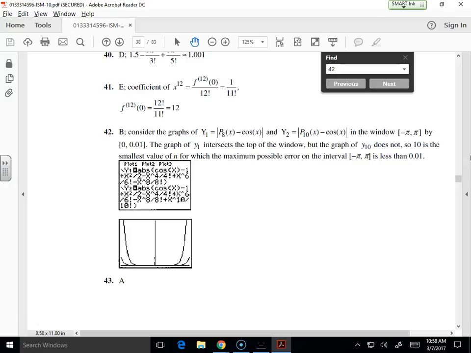But they used the window from negative pi to pi for the x values and from 0 to 0.1 for the y values. So then they were saying which one is contained within 1/100, or within 0.1, and the only one that was contained within was the second graph. And the second graph was the 10th degree polynomial. Because the first graph goes too high. It goes above 0.01, so the error is greater than that.